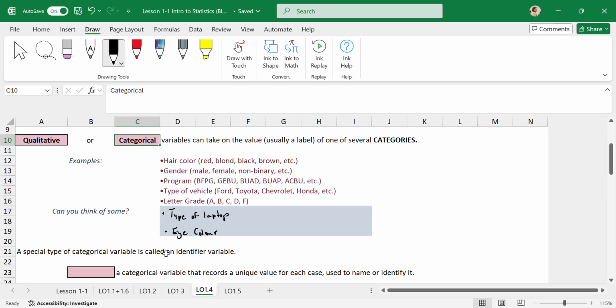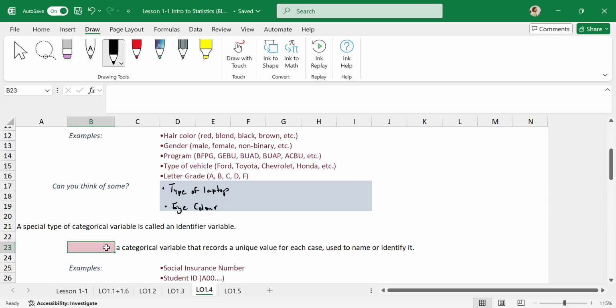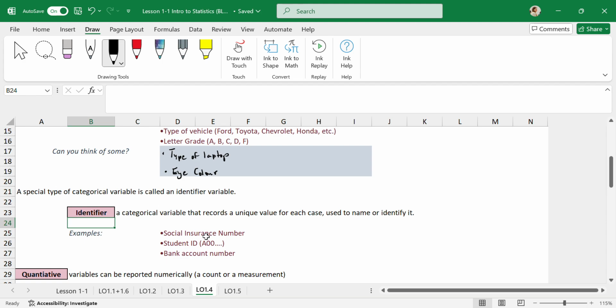A special type of categorical variable is called an identifier variable. An identifier just means that every single person has their own unique value. So essentially, it's a type of variable where every person gets their own individual category.